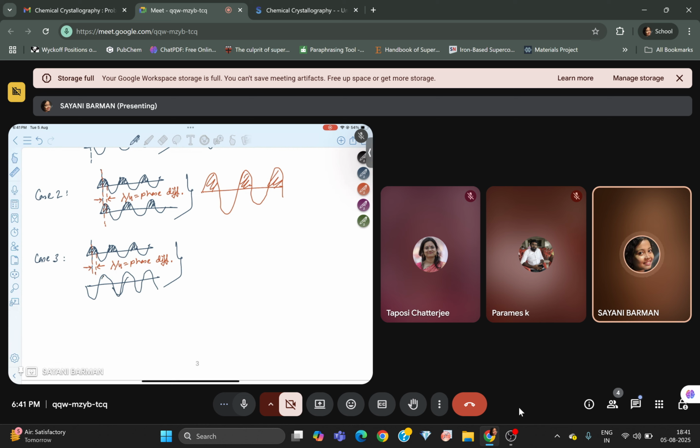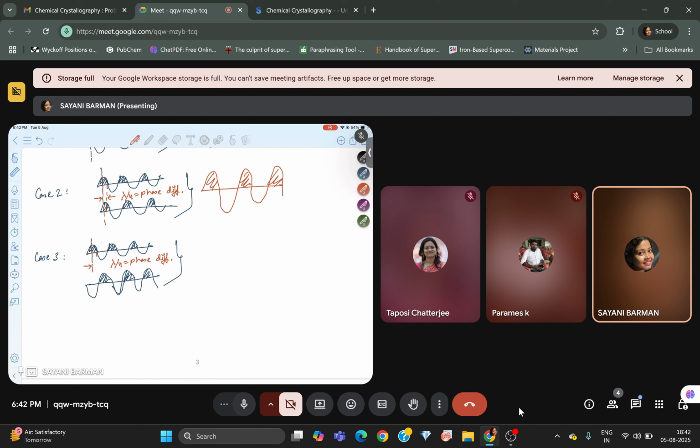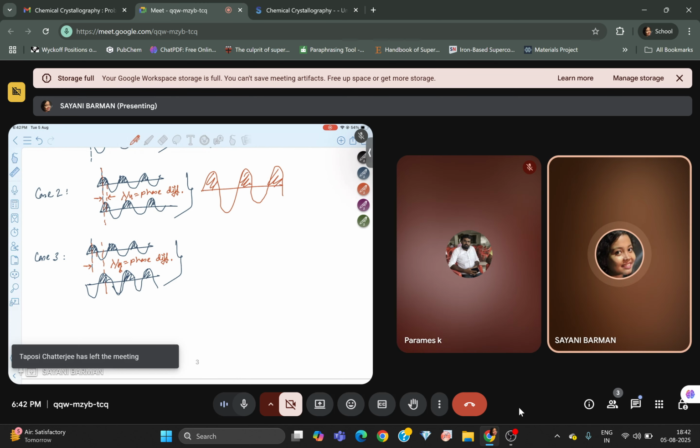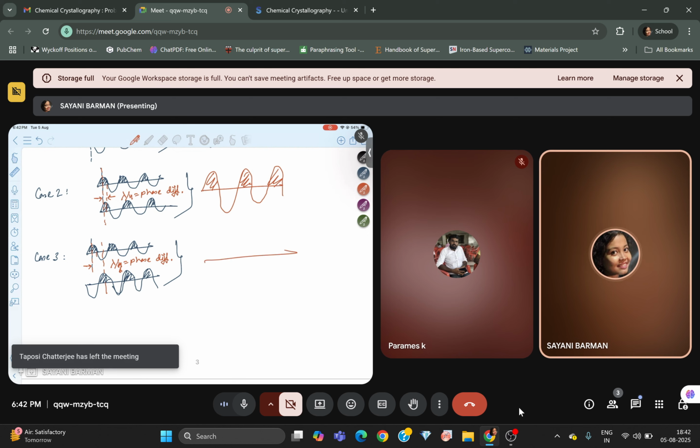As you can see, the total opposite. So yeah, from the picture you can see. This is lambda by 2 phase difference. Now this is totally out of phase, so no intensity will be obtained. You'll be getting zero intensity.